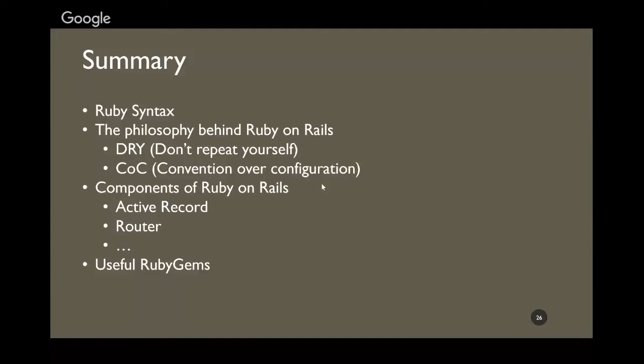All these smart people already built these frameworks to tell you this is the best approach to solve this problem, so just follow the convention, and then it will all be done perfectly. Also there are some components of Ruby on Rails like ActiveRecord, router, and all the other things, and also the useful Ruby gems.